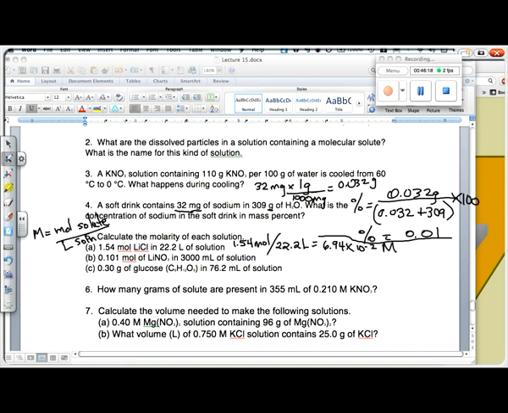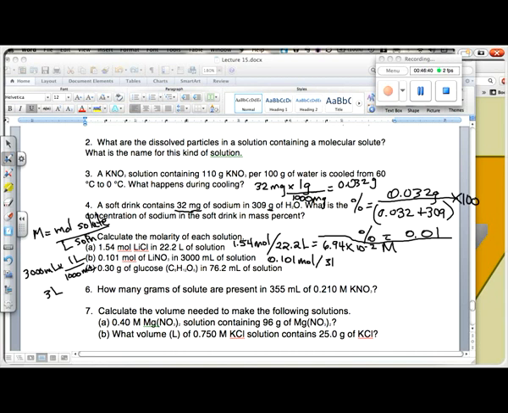All right. B, I'm already in moles with my solute, so 0.101 moles over, I'm going to convert the 3,000 milliliters to liters. 3,000 milliliters times 1 liter has 1,000 mils, so that is 3 liters.